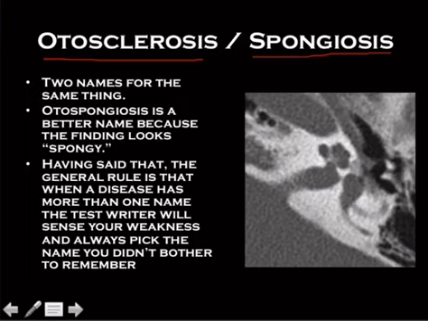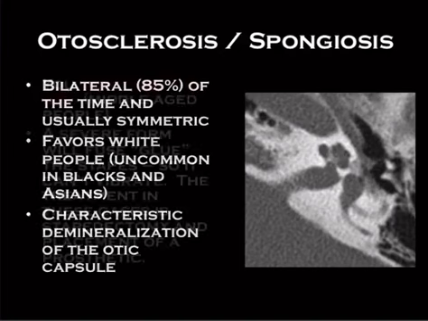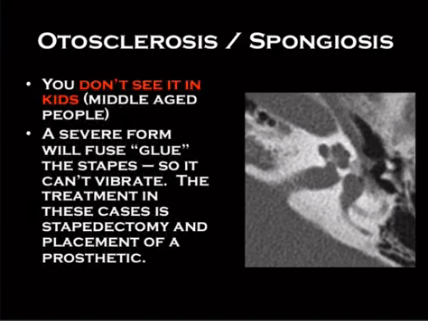Most of the time, if you're given a choice, they will call it fenestral, and why would they call it that? I'm going to show you here in a second. So it's often bilateral. It favors white people, and it characteristically causes this demineralization, right? Like a spongy look. It does not occur in kids. Remember I said that it's very slow growing and progressive, so you're not going to start seeing these findings until middle-aged people or later on.